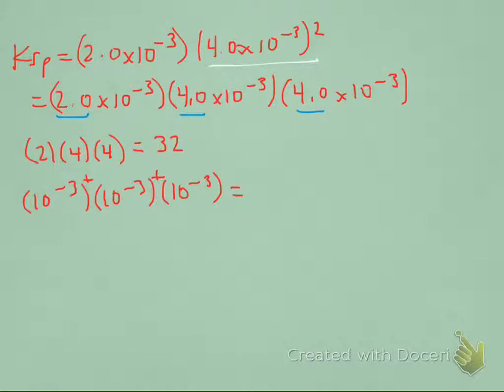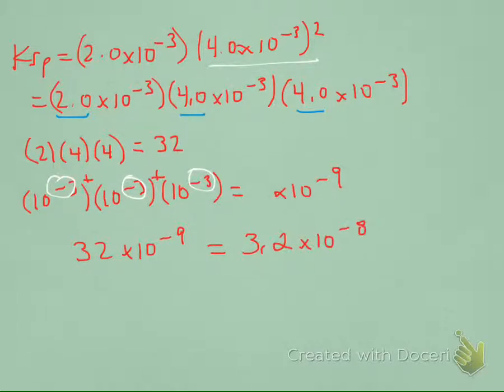So we have times 10 to the negative ninth. Negative 3, plus a negative 3, plus a negative 3 gives you negative 9. And so if we combine them together, we get 32 times 10 to the negative ninth, which is equal to, in correct scientific notation, 3.2 times 10 to the negative 8th equals my KSP.